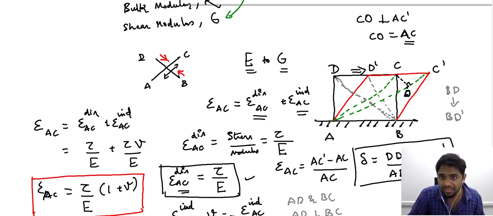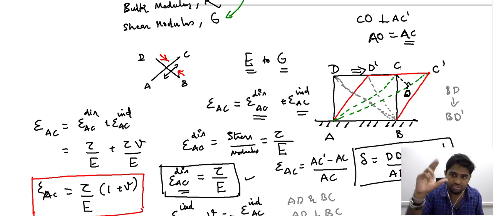In the new diagonal AC prime, we are selecting a point because we need a section of the new diagonal which is the length of the original diagonal. So we have AO, which has a dimension identical to the original dimension.